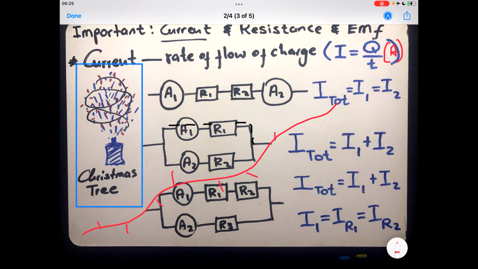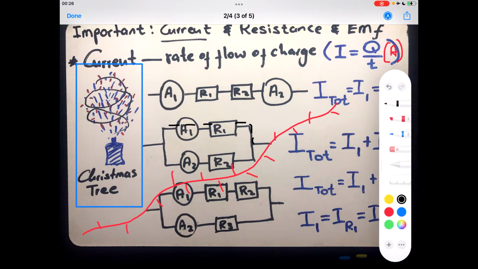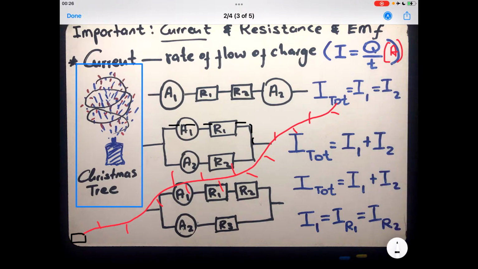You have those resistors or light bulbs connected in series. Because if you have your switch there and you just turn it on, all the lights will glow at the same time. You just turn it off and everything goes off.